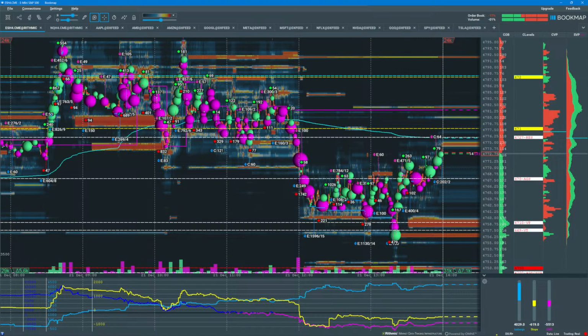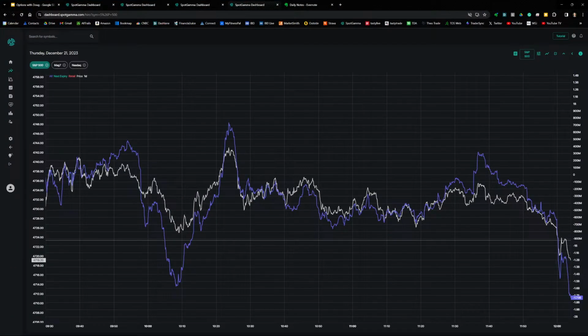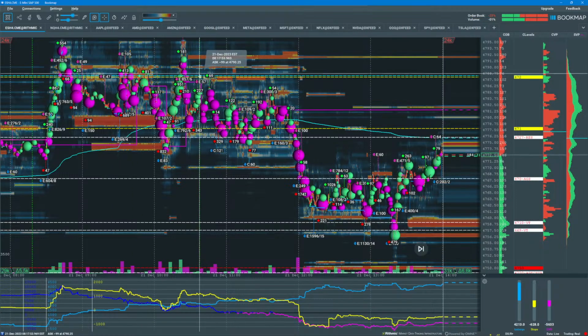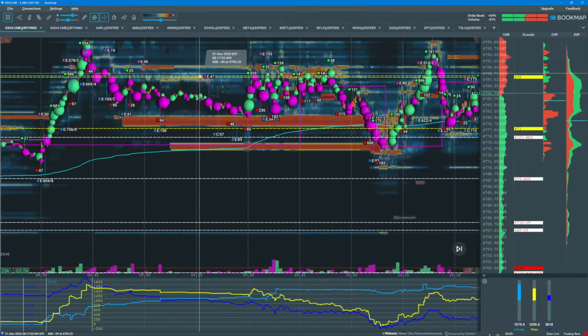Let me just check hero again. So the first short setup was right around 9:50, and the long setup about 30 minutes later, 10:10. We'll zoom in on this. So trading in a pretty narrow range this morning.